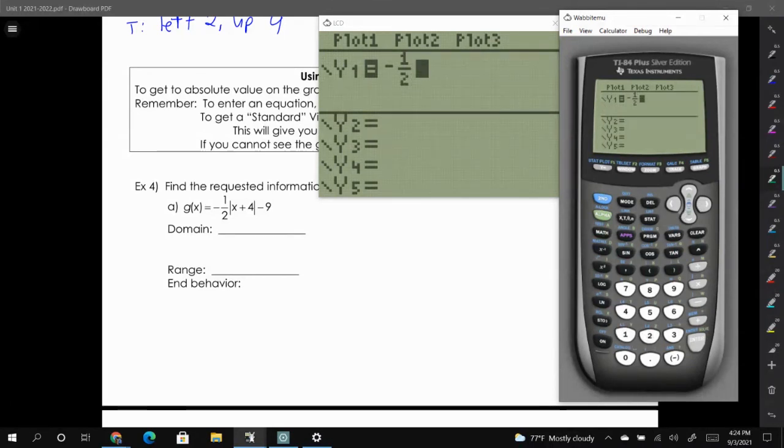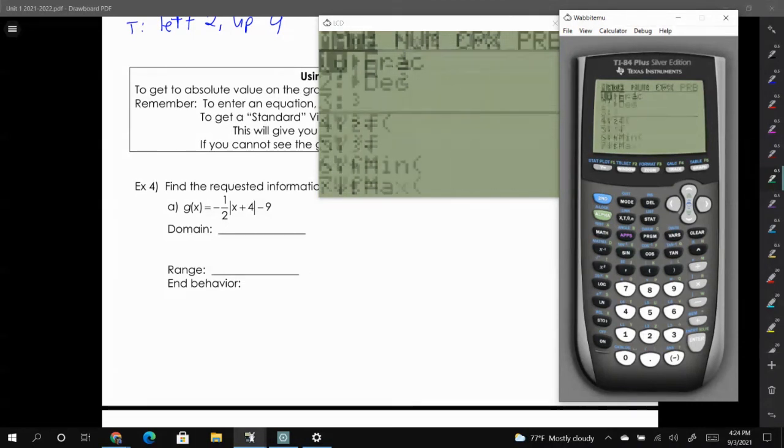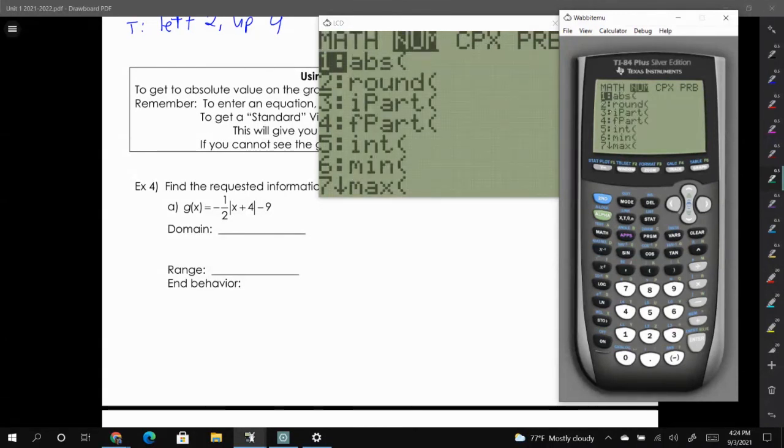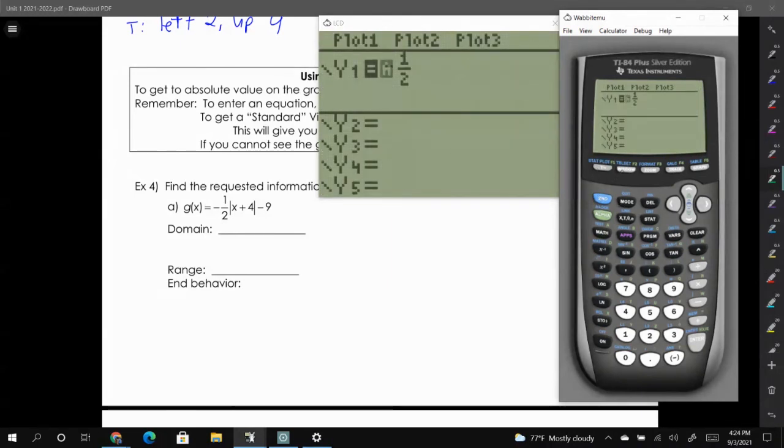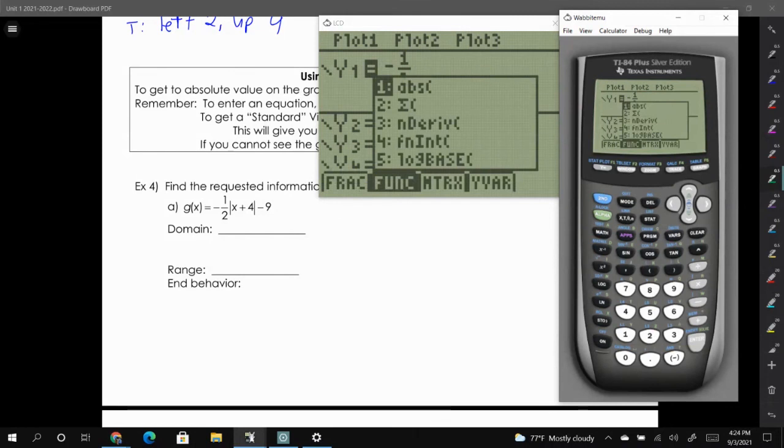Make sure you press the right button. And then to get the absolute value bars, press math, go over to NUM, and see the first one is absolute value. There is another way to get there. Yeah, if we press the alpha key and the window button, it says abs.